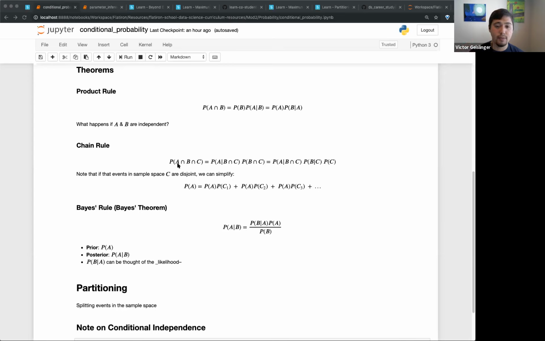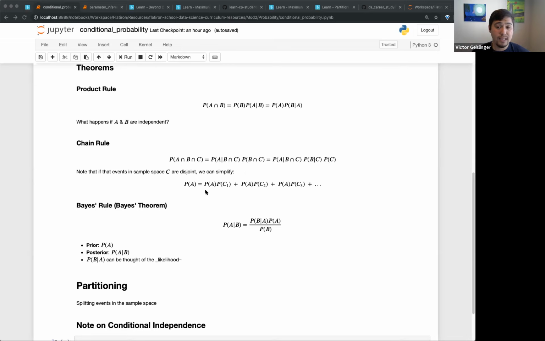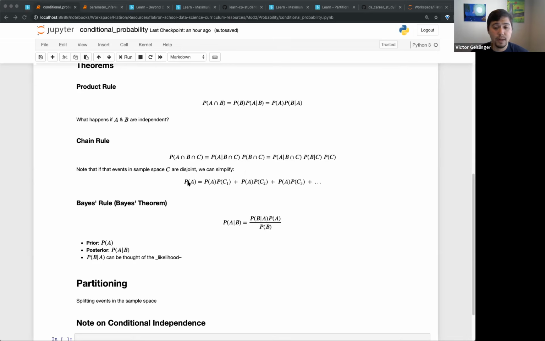Basically, if we have multiple intersections, we can break it apart. We can look at the probability of A given the probability of B intersecting C, times the probability of B intersecting C. And then you could break this down further and further. If they're disjoint, it ends up being kind of nice, because then you can simply get these parts right here.